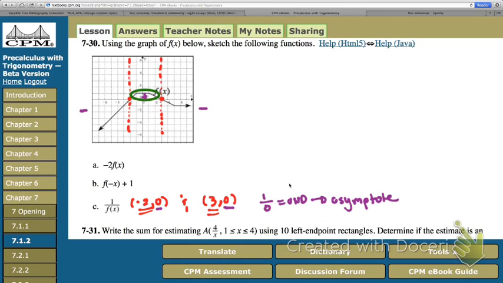A 1 over a negative will give you a negative, which means this graph has to run along this asymptote, and it'll all be in the negative area. This positive will have to be up here, because it's got to run along the asymptotes, and it's above the x-axis, and then here's the other negative. When we look at chapter 5, this might make a little bit more sense, but for now it's good to have a preview of it.